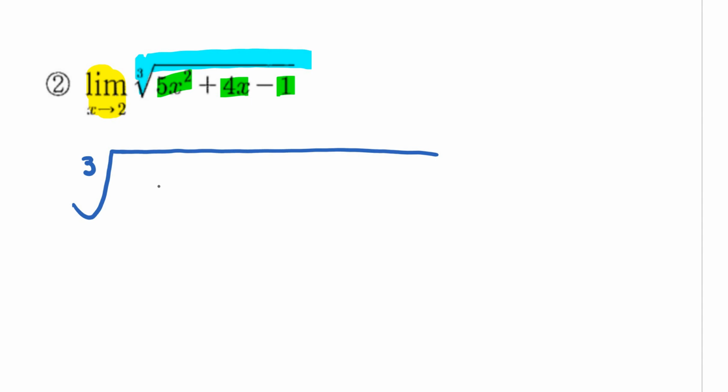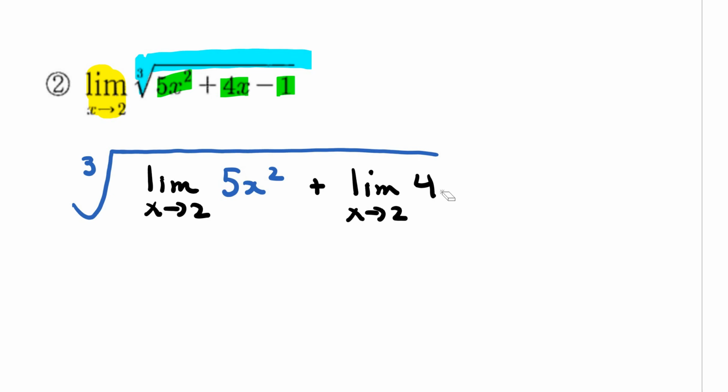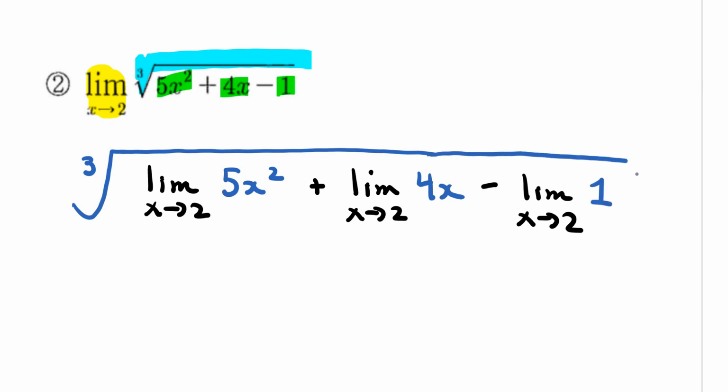So if I write my limit statement, this will be the limit as x approaches 2 of 5x squared, plus the limit as x approaches 2 of 4x, minus the limit as x approaches 2 of just a constant of 1 here. Then we'll extend the root sign there.